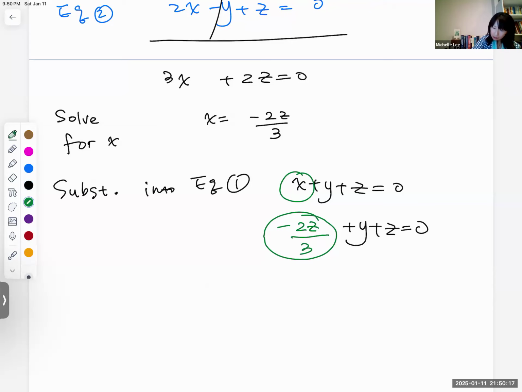So solve for y. Then we have 3 over 3 z minus 2 over 3 z, so negative 1 over 3 z. So y equal to negative 1 over 3 z. Make sense? Okay, now let's let y equal to t.